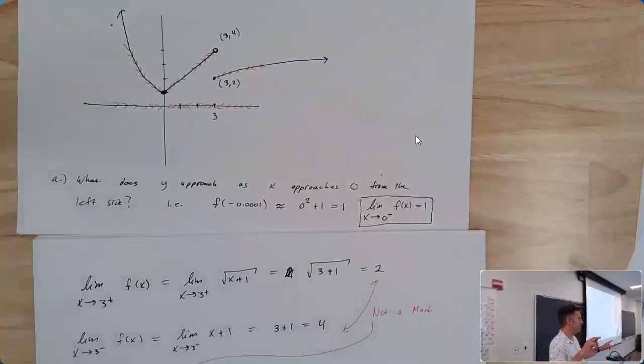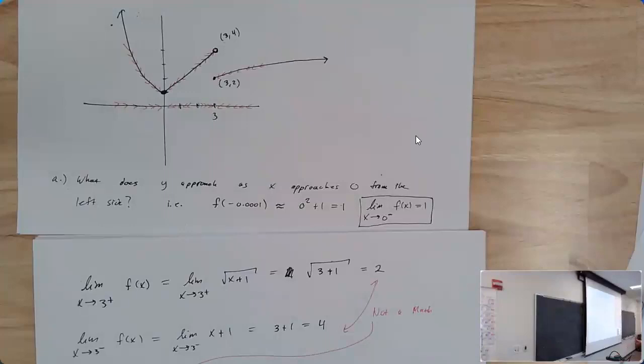I saw another hand over here. Yeah. Are they going to want us to work it out, or can we just see that it's a jump function and that the limit doesn't exist? It really depends on the instructor. Someone might say, tell me where the limit doesn't exist and why.